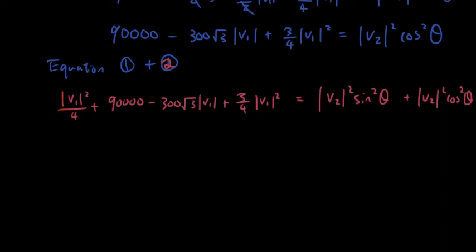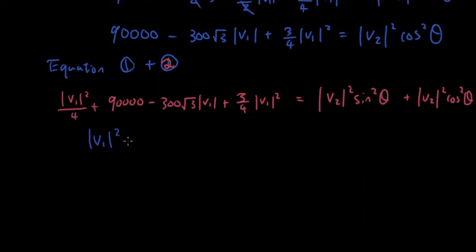Okay, now how do we simplify this? Well, if we simplify it by going v1 squared over 4 plus 3 over 4 v1 squared, these two terms simplify to 3 over 4 plus 1 over 4, so that's 4 over 4. So these two terms just simplify to v1 squared.